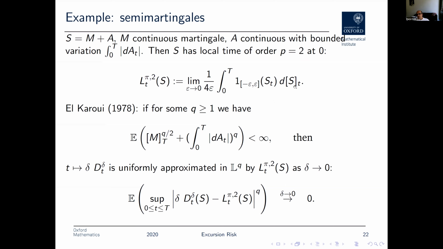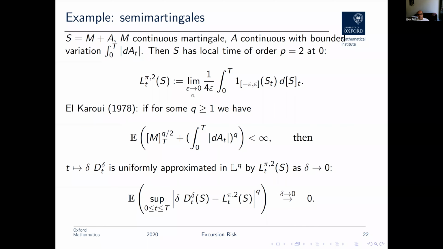So here the pth order variation with p equals 2 is just the quadratic variation of the signal. And you look at how much quadratic variation you accumulate when you're near 0, and that's the local time of order 2. Up to a constant 2, it's the same as what's called in the literature the semi-martingale local time of S. So here we have 1/4, but in the definition of semi-martingale local time, you have 1/2. But that's the only difference.